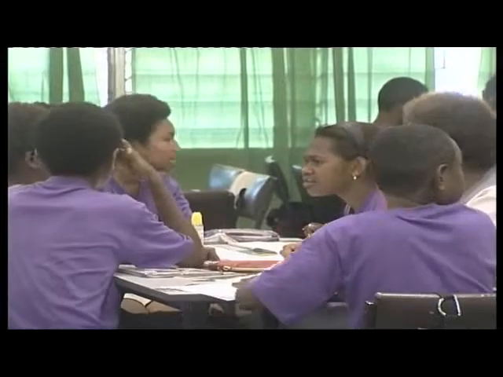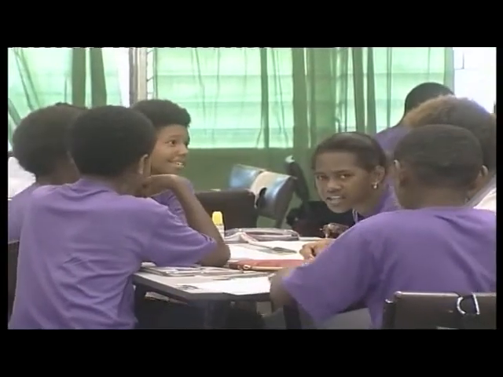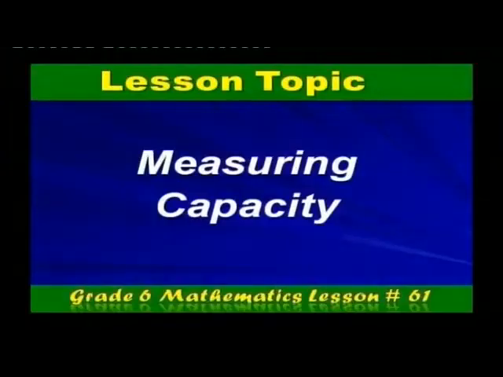You did that activity yesterday. What we are going to learn today is how to measure capacity of different items using measuring instruments that measure capacity. So our topic for today is measuring capacity.